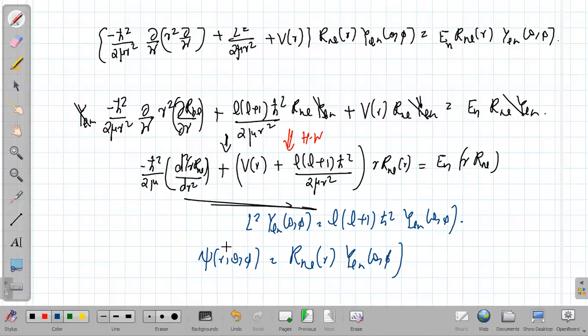Hence a general wave function psi of r theta phi would be a series expansion, or the superposition of all such possibilities. Here I have fixed my n, but for a fixed n itself there can be many possibilities for L and m.